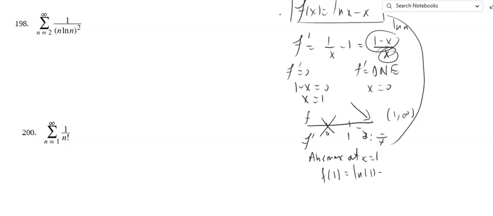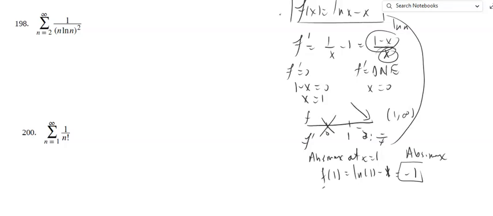That's natural log of 1 minus 1, which equals negative 1. So we are aware that this is an absolute maximum. We don't have to look at the graph.